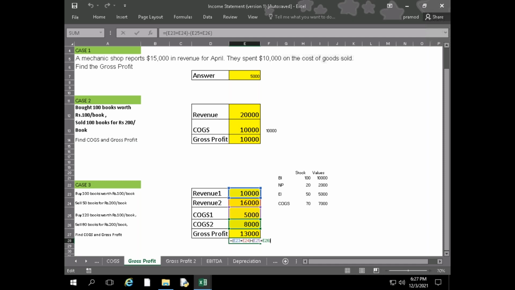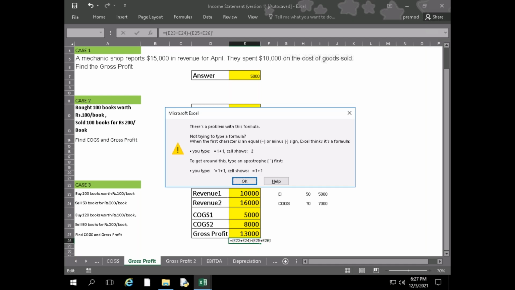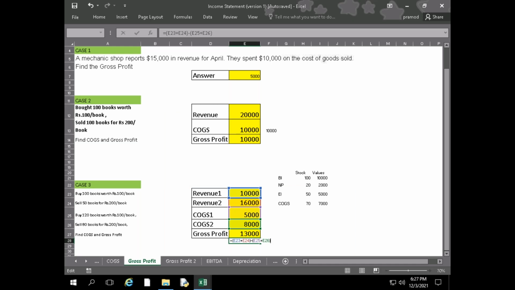See, at the end, after the last bracket you have given an inverted comma. That's why. Oh, okay, sir, I'll check for that. Even if one character is missed, it will not take. Yes, sir.